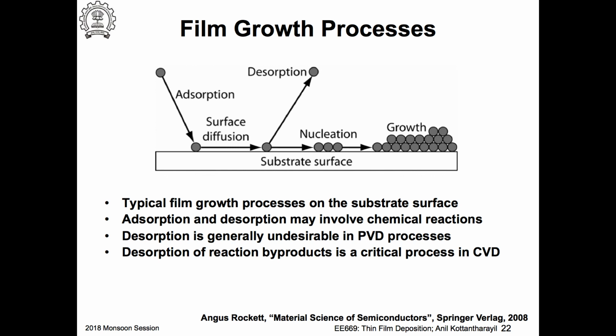So you have the particles of the material you want to deposit coming onto the surface. Okay, and they can get adsorbed on the surface. So we'll discuss this process.